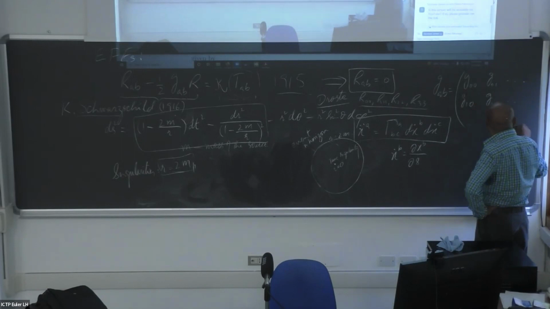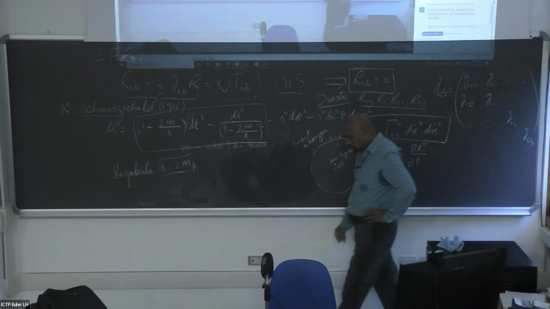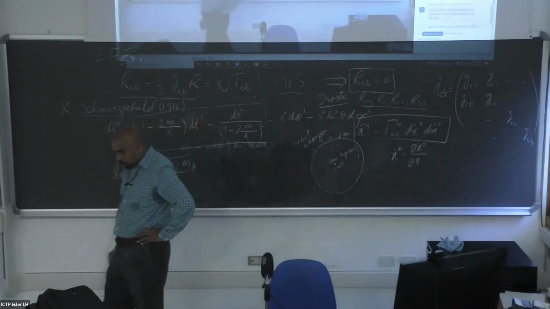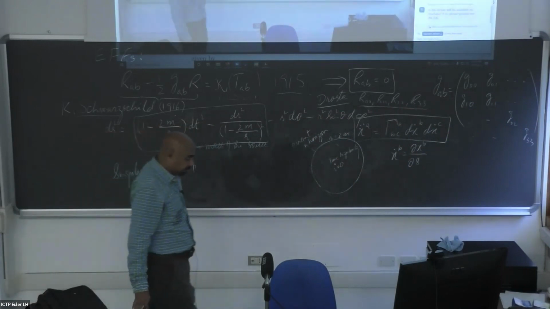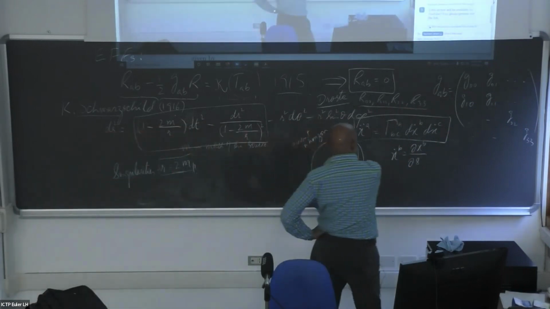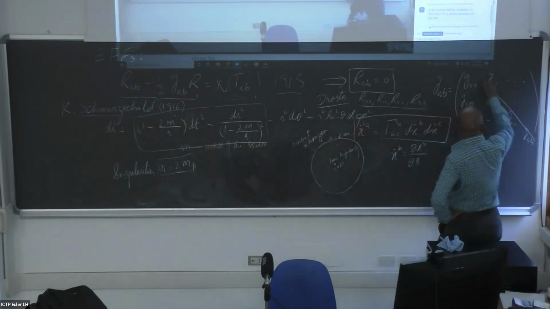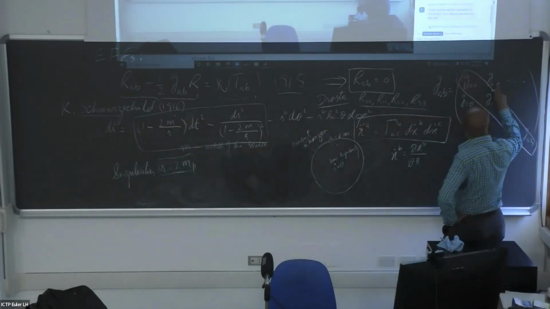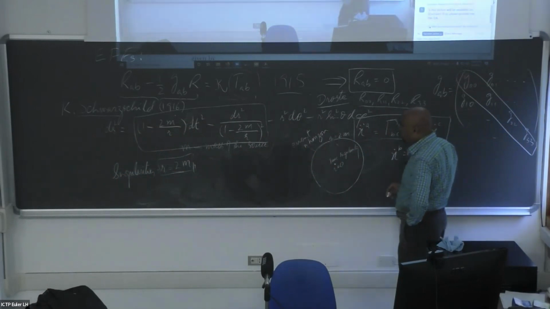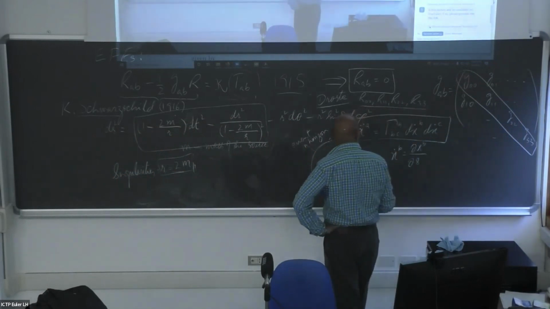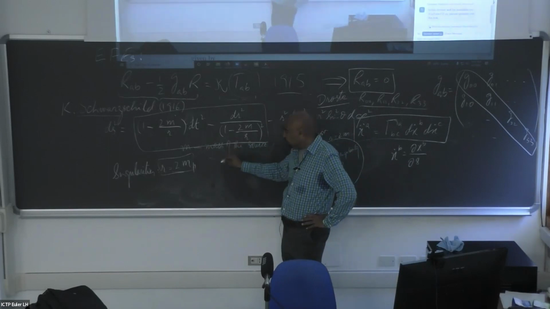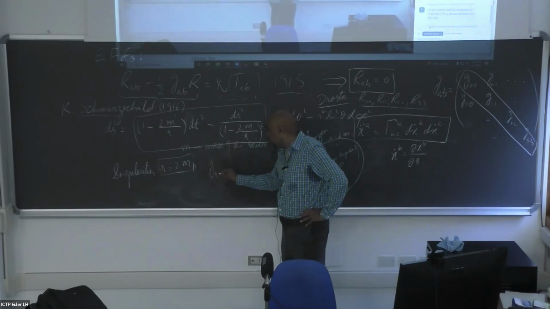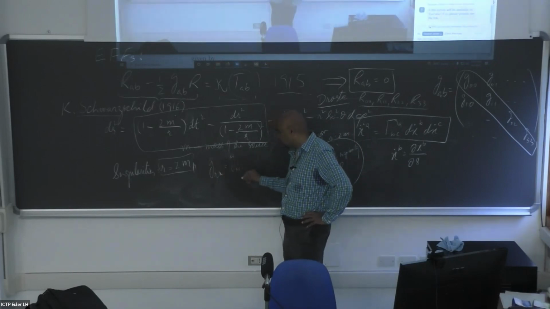There will be G22 and G33. So these will be 16 terms, and I mentioned that there will be 10 independent terms because it's a symmetric tensor. But in this case, we only have diagonal entries. G01 is 0 and G10 is 0. So this is G11 or GRR. Some books write it as GRR or G11.